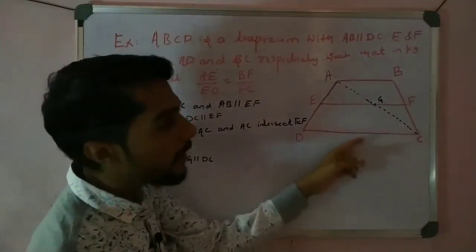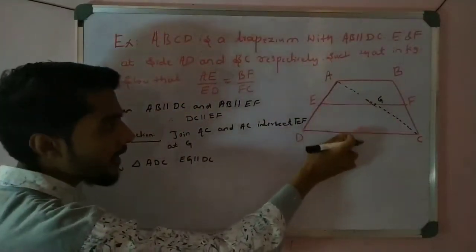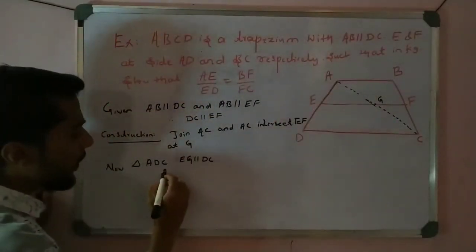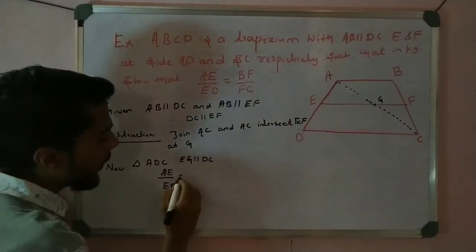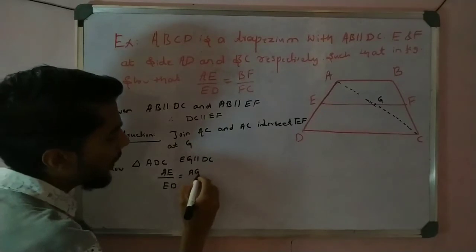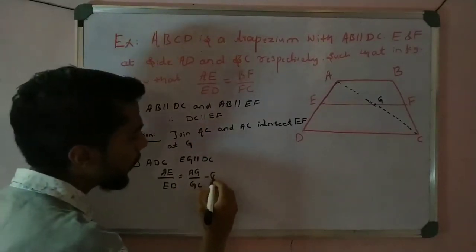According to the BPT theorem, if one side is parallel, the other sides are divided in the same proportion. So AE by ED is equal to AG by GC. This is equation number 1.